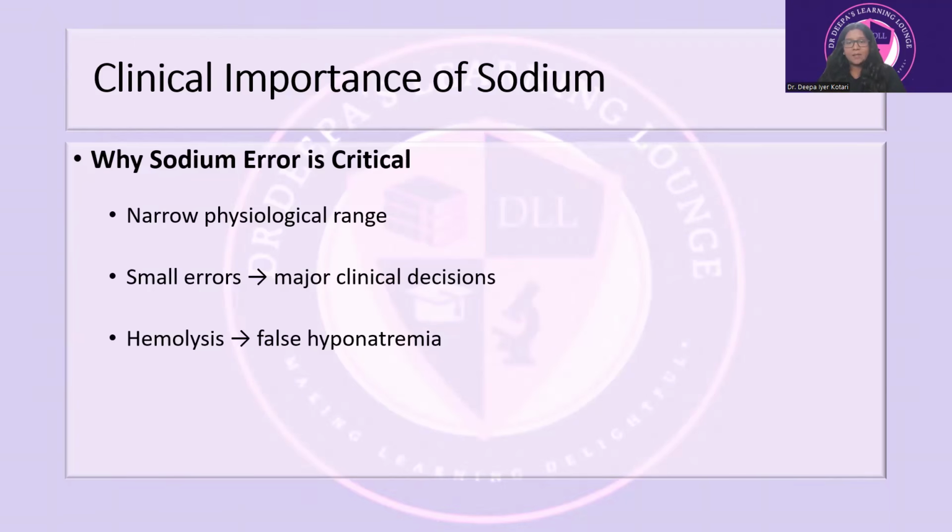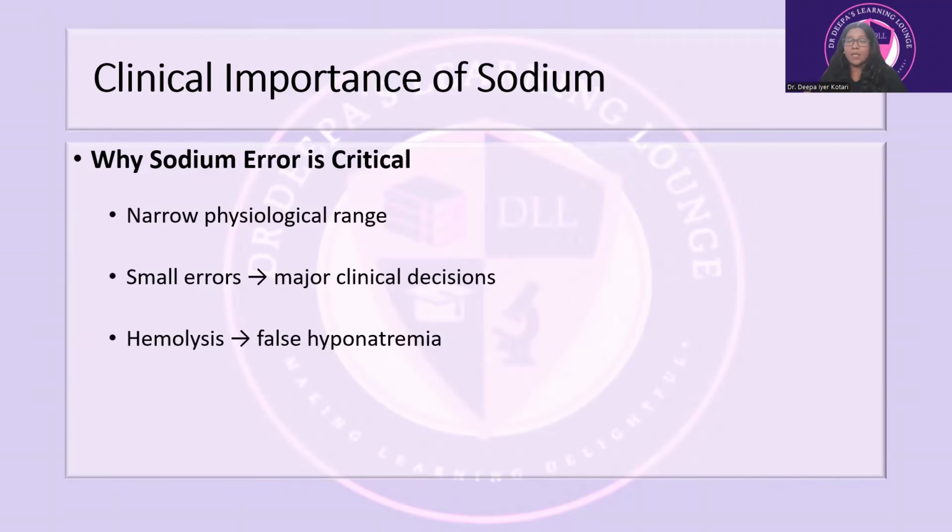So when you're releasing a report which is giving you a falsely low sodium, and God forbid if there is hypernatremia in the patient, then the treatment really goes topsy-turvy. So you need to be very, very careful when you're releasing even reports of sodium, even in mild hemolytic cases. So that is why it is very, very important, because it would lead to unnecessary further investigations.